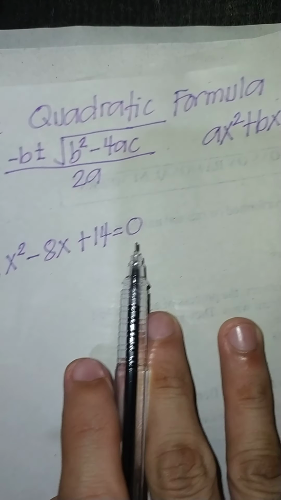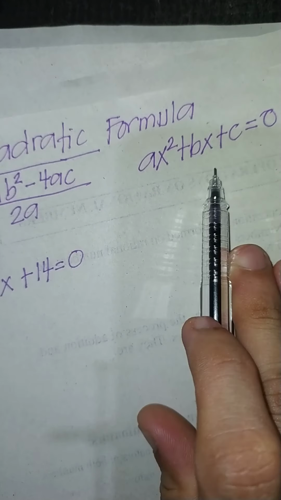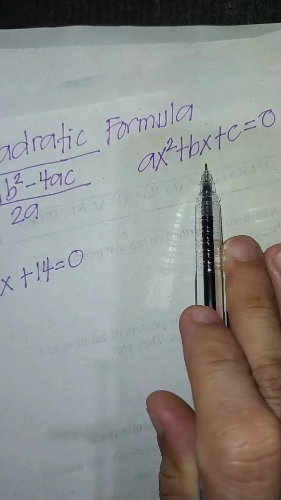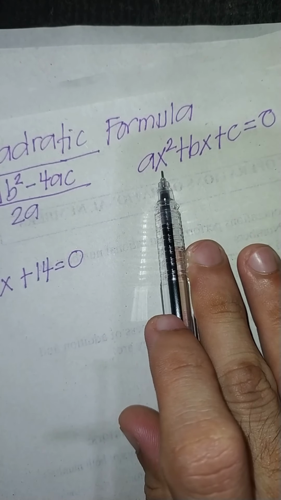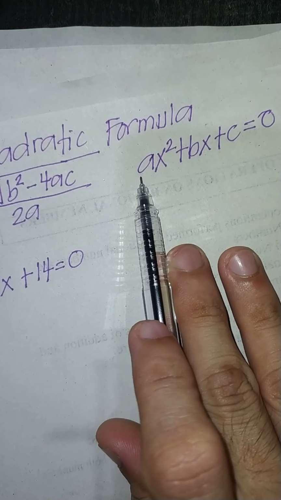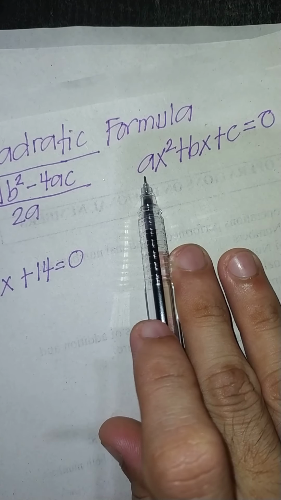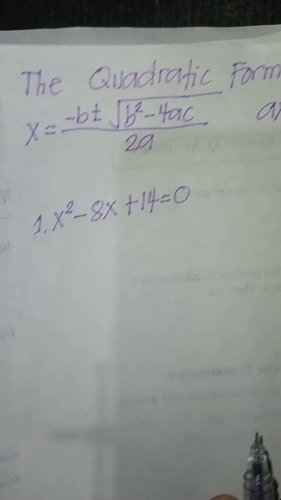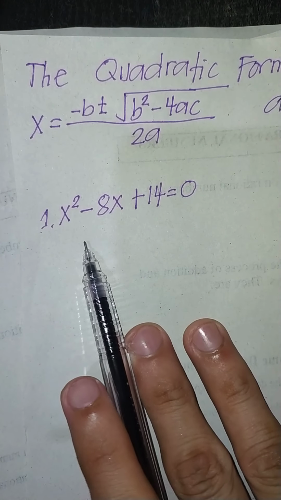Itong x squared, meron siyang coefficient na 1. Kailangan masunod yung ax squared plus bx plus c is equal to 0. Yung a, b, and c dyan ay mga constant terms or numbers, and yung a, hindi pwede maging 0. So, this is an example of a quadratic equation.